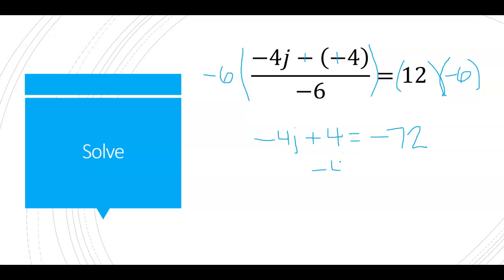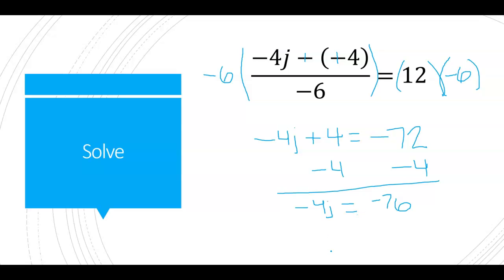Then we're going to subtract 4 from both sides. So 2 negatives make a larger negative number. So we get negative 72, or negative 72, sorry, negative 76.